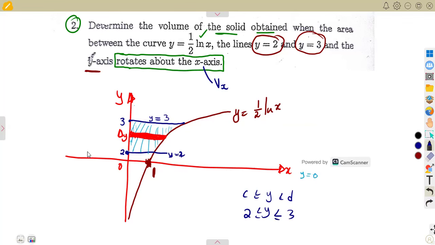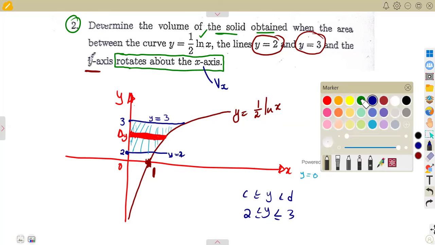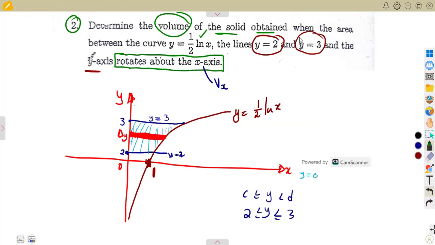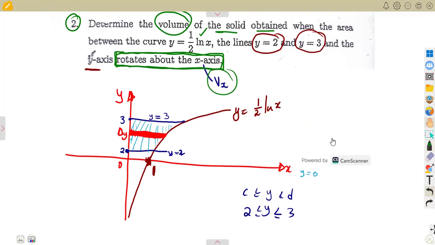But the question is, determine the volume when all this rotates about what? We now answer the question for volume. If it rotates about the x-axis, which is Vx, don't worry about that.